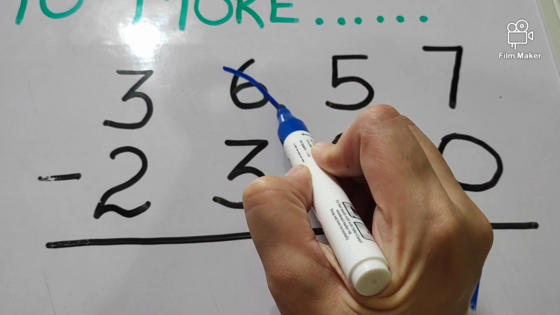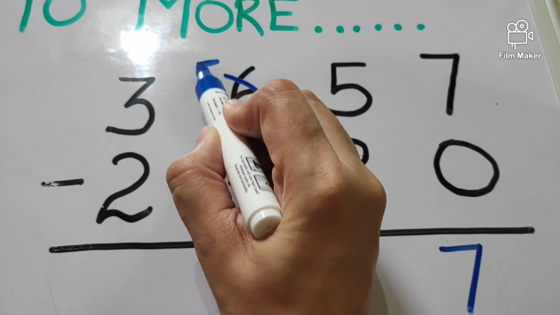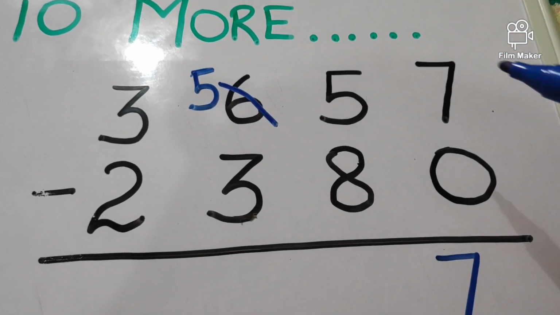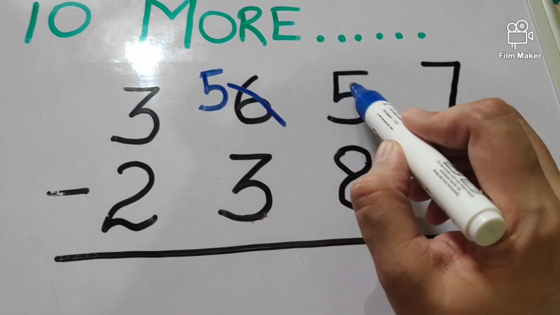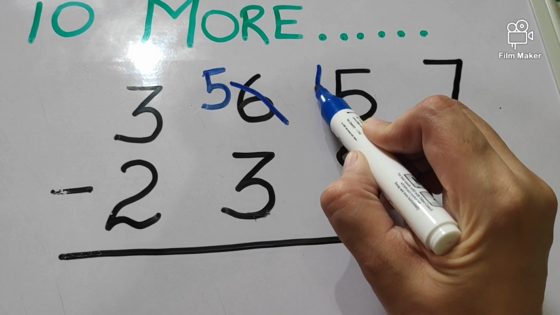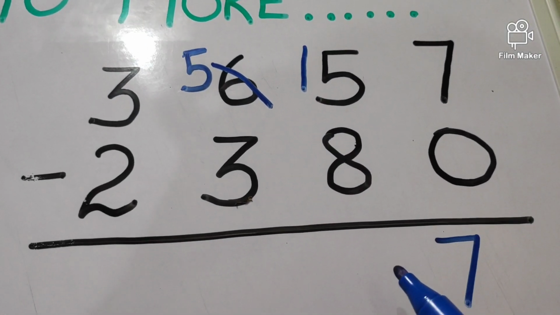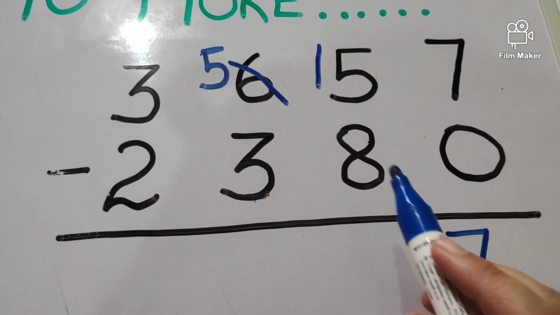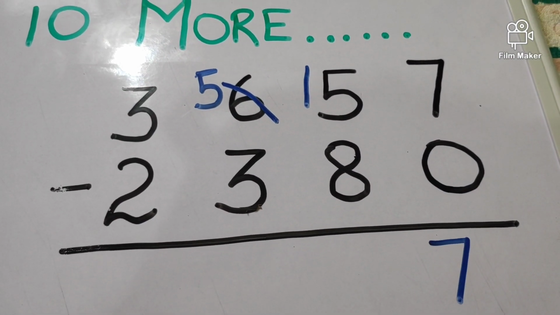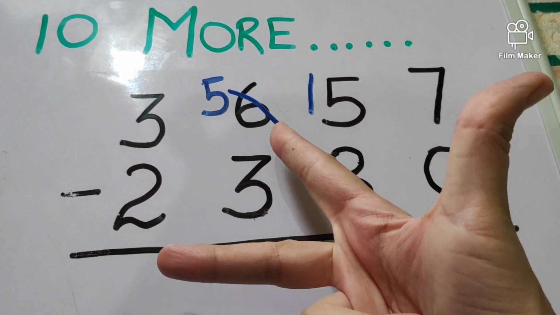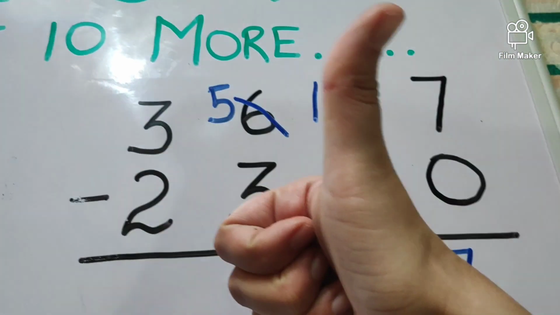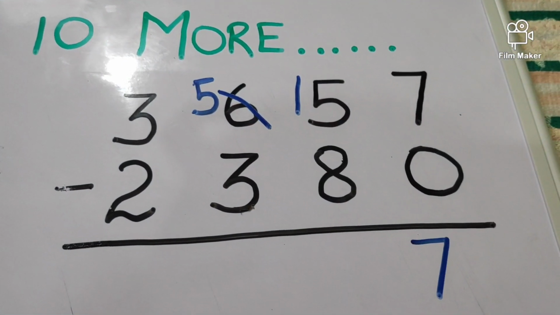You will borrow 10. So 6 will be 5 and 10 will come here. 10 plus 5 will be 15. Now count from 8 to 15. 9, 10, 11, 12, 13, 14, 15. That means 7.